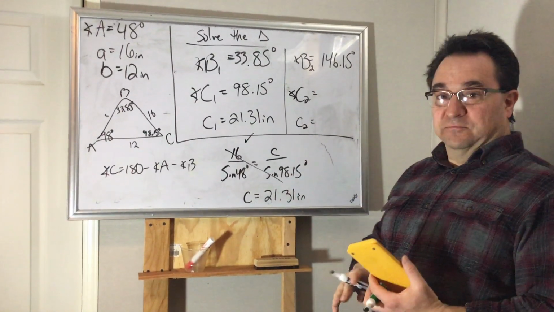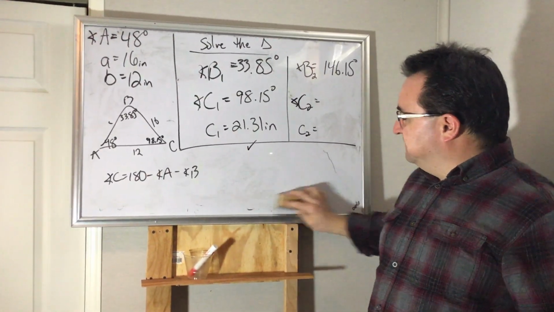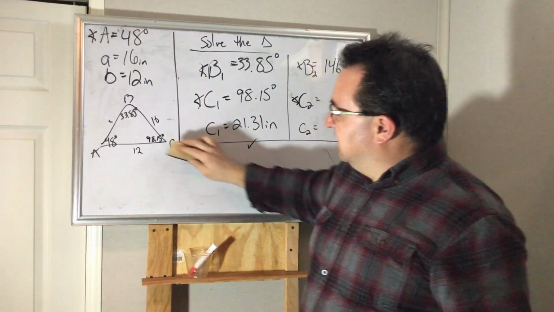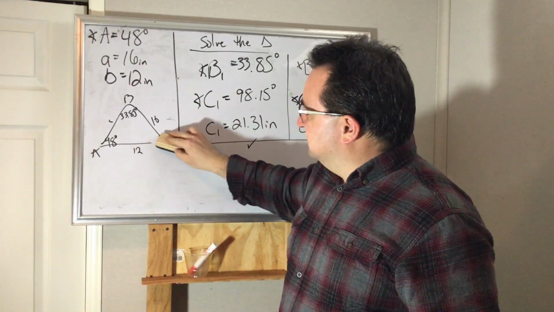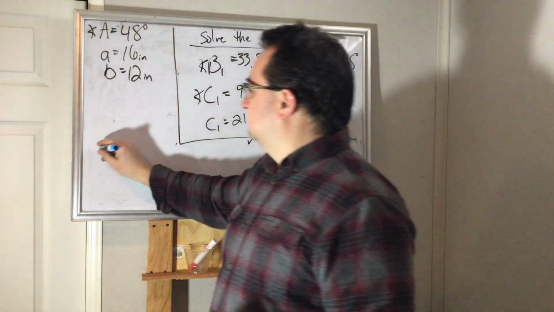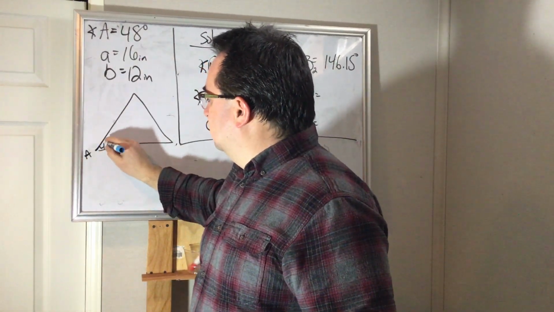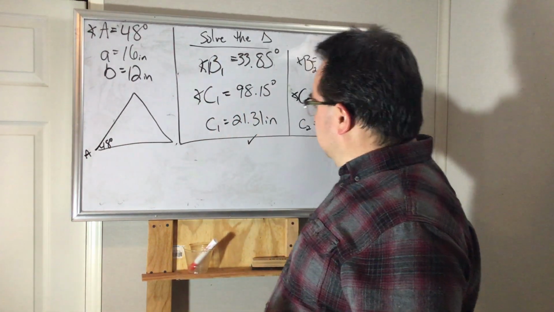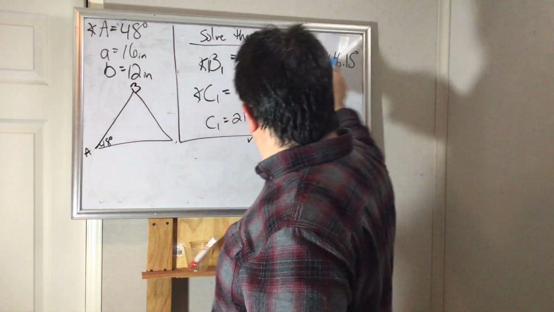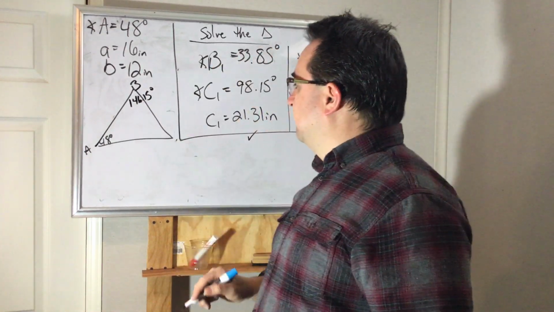How do I get solution number 2? Well, we kind of got to backtrack. I know, these are not fun. If we go back to the givens, here, we'll just start a new picture. A is 48. And we now know, even though the picture doesn't fit the angle, this is my other possibility.